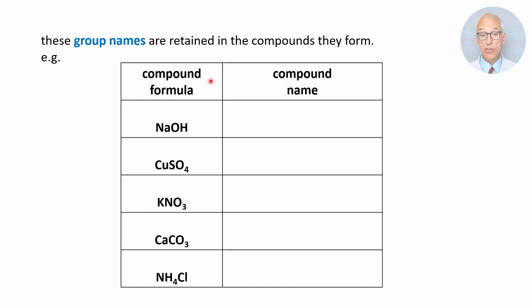So let's name some compound formulae that contain these groups. The group names are retained in these compounds. So NaOH, I recognize the OH group as hydroxide, so sodium hydroxide. CuSO4, I recognize the sulfate group, so copper sulfate.